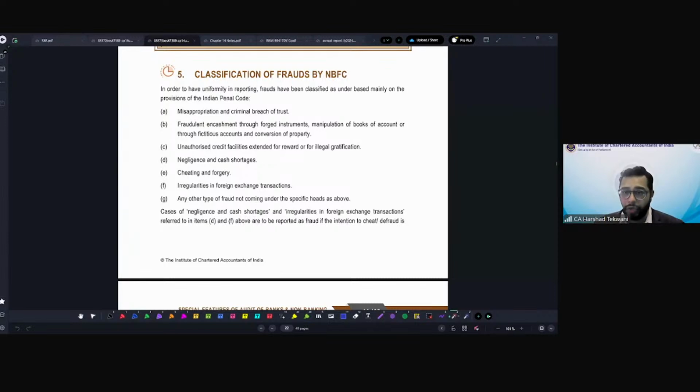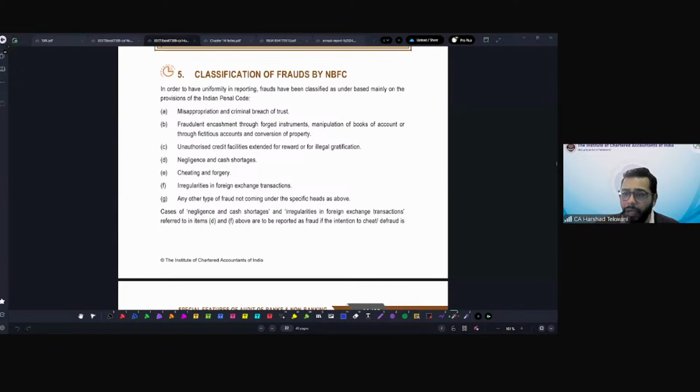In order to do so, you have to perform audit procedures. When we do an audit of an NBFC, all the topics that we have studied till now, understanding the entity, materiality, audit procedures, confirmations, all those procedures do apply.